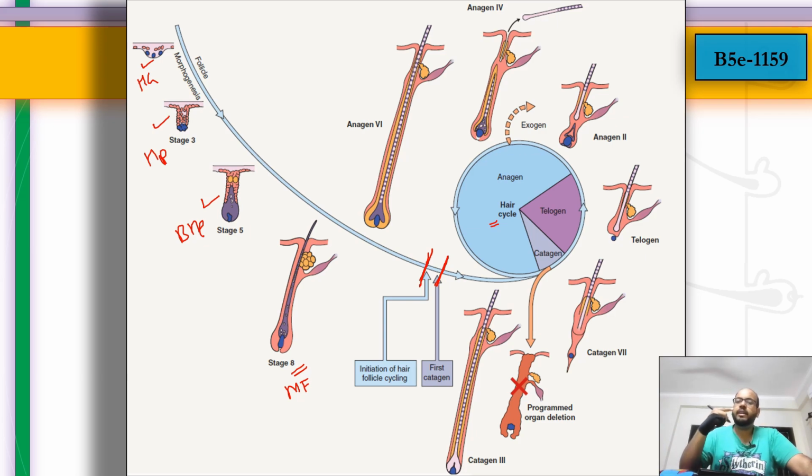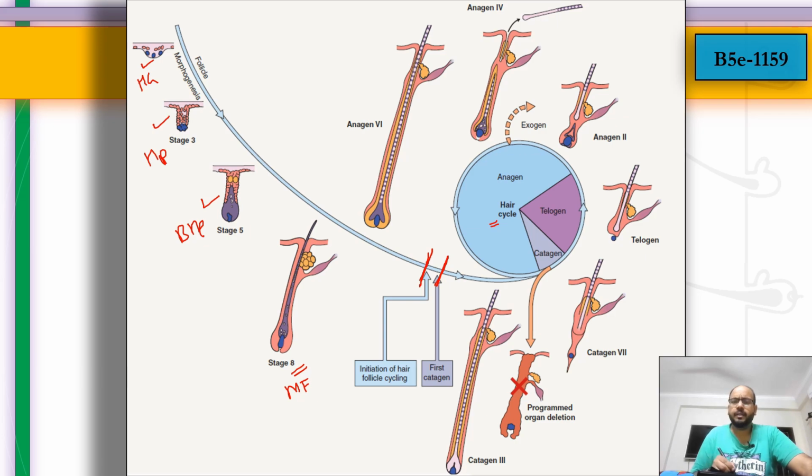And a terminal hair will keep on undergoing hair cycle throughout their lifetime. So it will go first into the anagen phase, which is the growing phase, then the catagen phase or the involutionary phase, and then the telogen phase, in which the hair is eventually shed off and prepares for the next anagen phase.